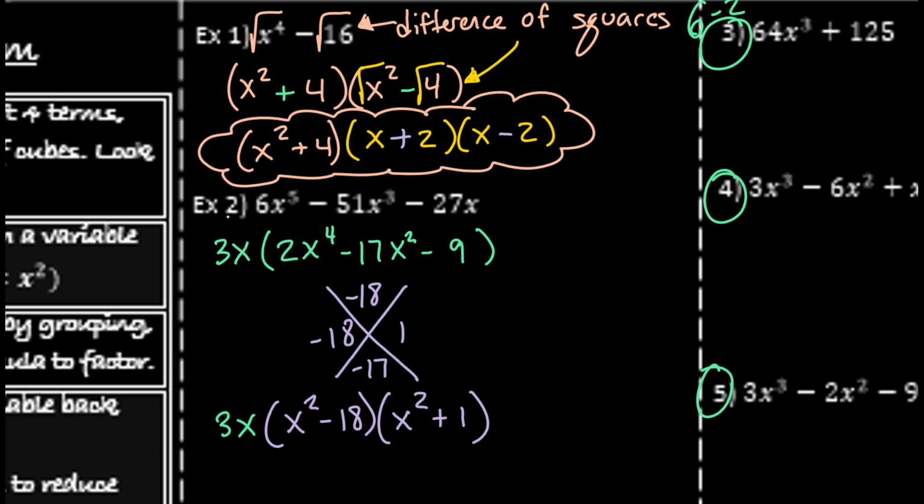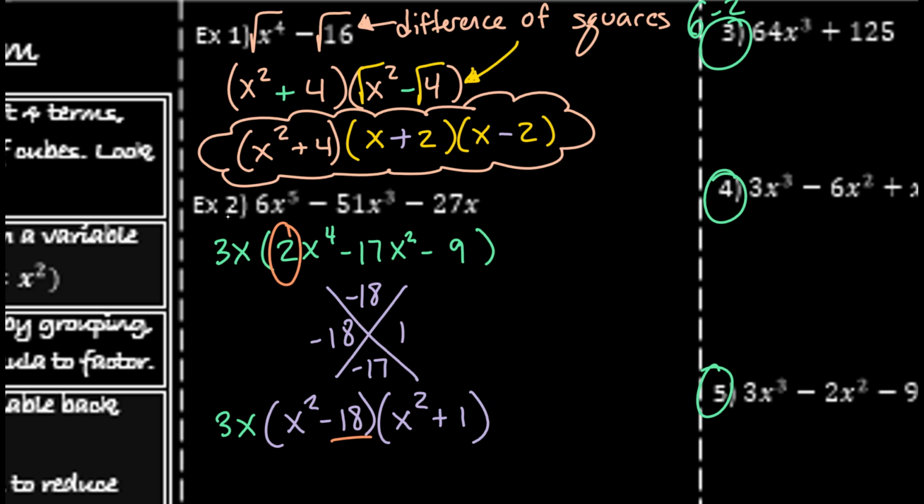Is that the answer? No. What am I forgetting? You need to divide by, not the 3x, the a in front of our x to the 4th power. Divide by a.